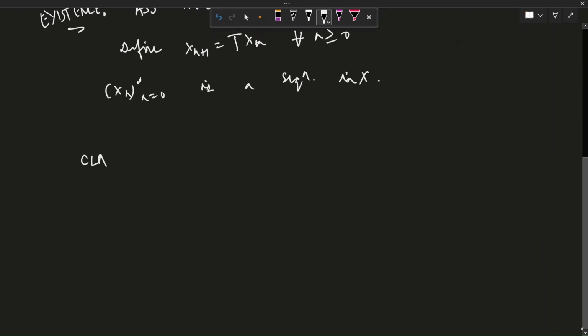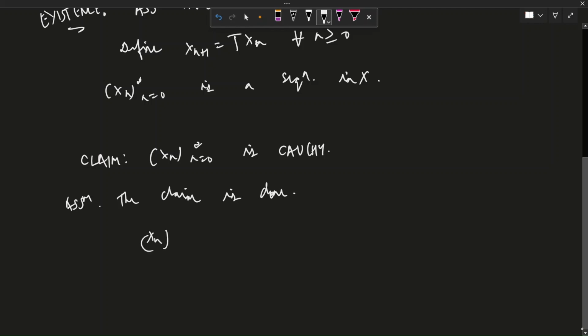Now my claim is that this sequence is Cauchy. Before even proving this claim, let's see what the bird's eye view of the proof is. Let us assume that I actually proved the claim. Well, since we're working in a complete space, x_n being Cauchy would imply that x_n is convergent, right?